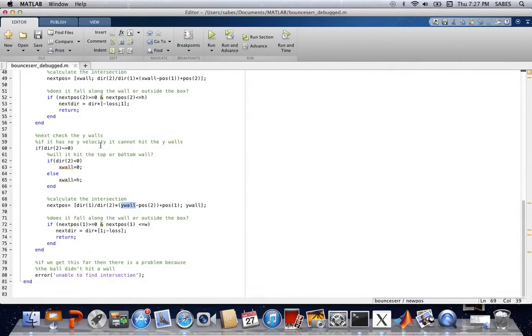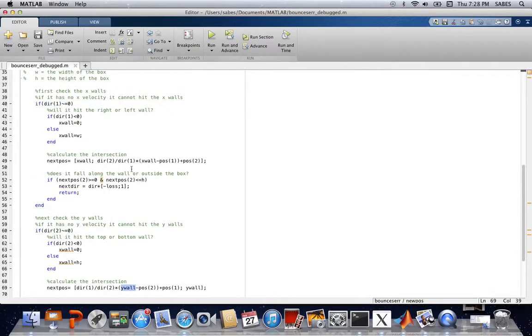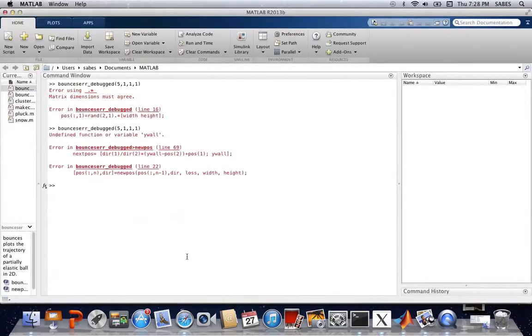And we see that if we look here, x wall appears here, x wall appears here, but x wall is also defined here. So here you see this x wall is there again, which is probably a typographical mistake. So most likely these should be y walls, and maybe that will solve it. Let's see.